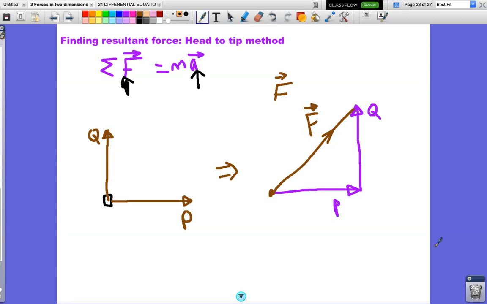And when we say to find the direction, you just need to give this angle theta.